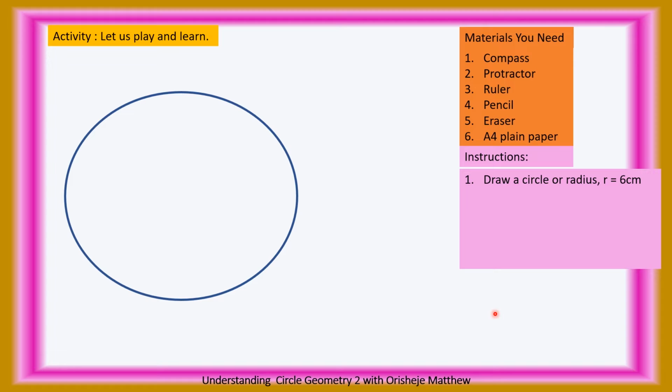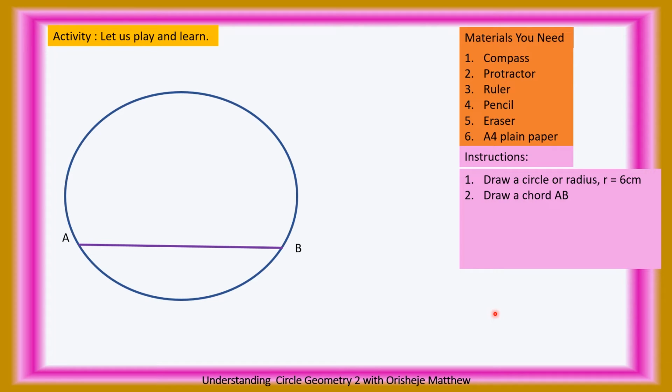So what is the instruction? First, draw a circle of radius 6 cm. Now draw a chord to connect any two points on the circumference of your circle. Any points, but if you want to draw it like mine, you can do that.